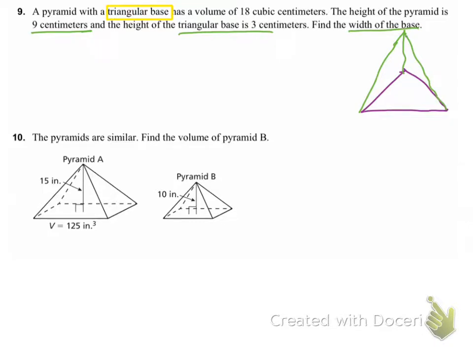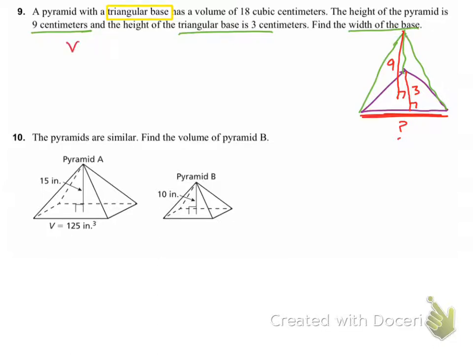They have given us the volume, and then the height of this pyramid, meaning the perpendicular height, that's 9, and then the height of this triangular base, that's 3. So they want us to find how much this is. All right, so let's do that.